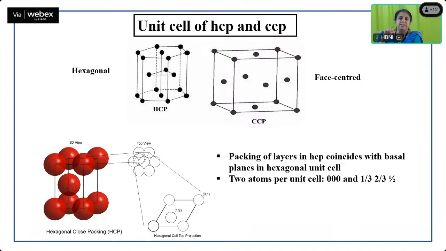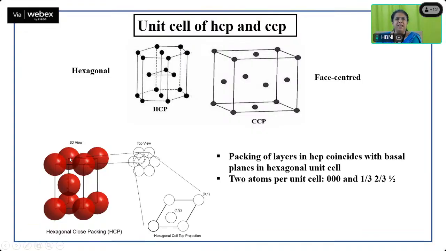Because what we discussed is that the corner atoms, all of them together contribute 1 lattice point, because each one is contributing only 1 by 8. Plus, if you just think about it, each corner atom is the corner for some other unit cell also, because they're anyway combined together.